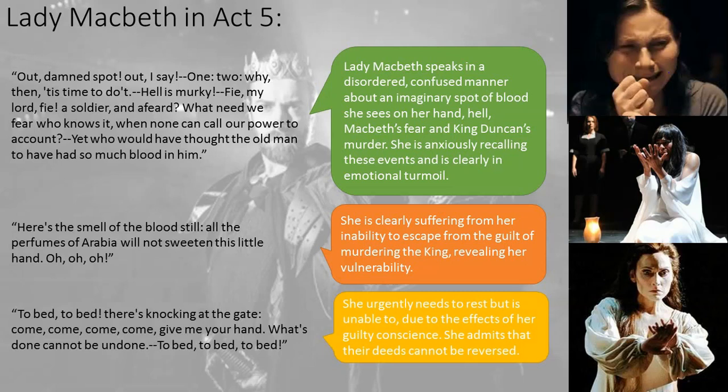And of course, here in this one, she admits that their terrible, treacherous deeds cannot be reversed. What's done cannot be undone. And so this is Lady Macbeth at her most vulnerable, at her most troubled here. She's certainly not the powerful, in control character that she was in Act 1.